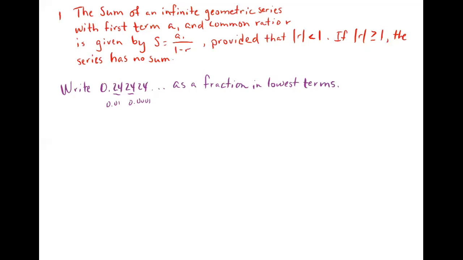The first problem is they want us to write 0.242424 and so forth and so on as a fraction in lowest terms. So we have our formula, sum is equal to a subscript 1 divided by 1 minus r, and we're just going to plug in.